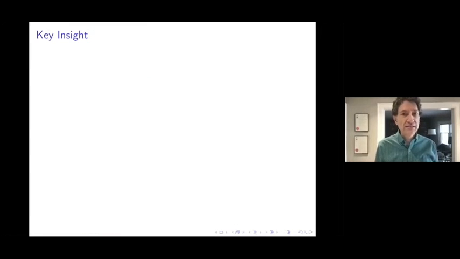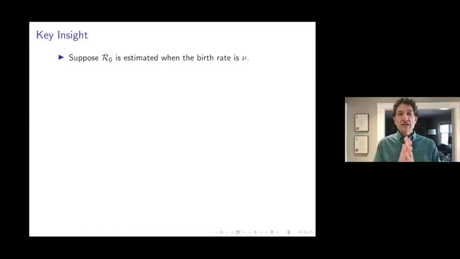What is that? And the key insight that allows us to understand this time series and many others is that the effective reproduction number, the effective R0, is actually changing over time.